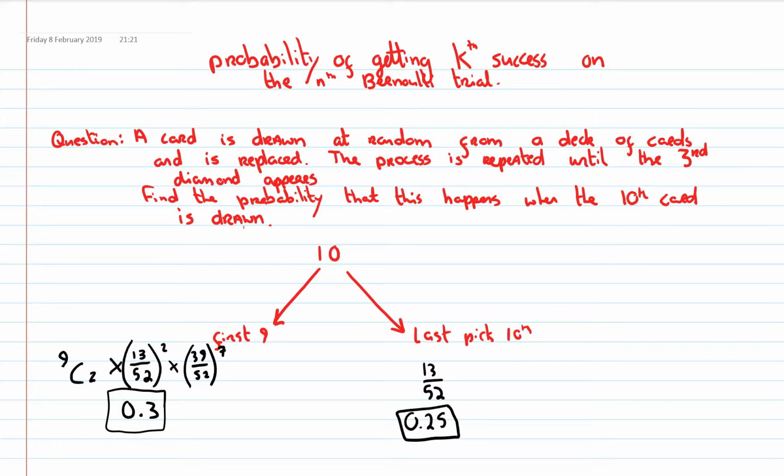I need 2 diamonds from my first 9 and another diamond on my last pick, and this gives me 0.075. So that's the probability of getting my 3rd diamond on my 10th pick.